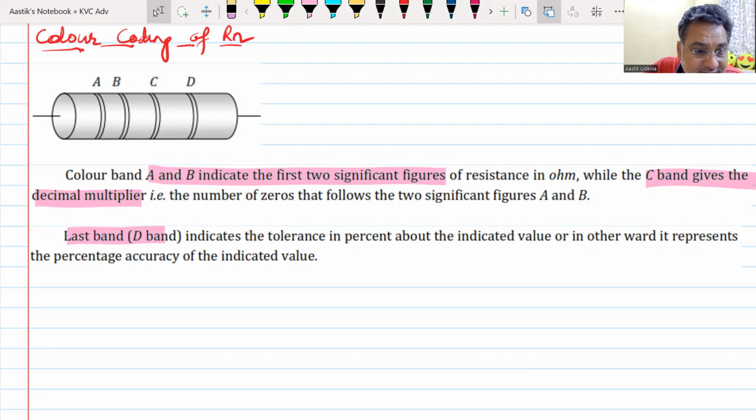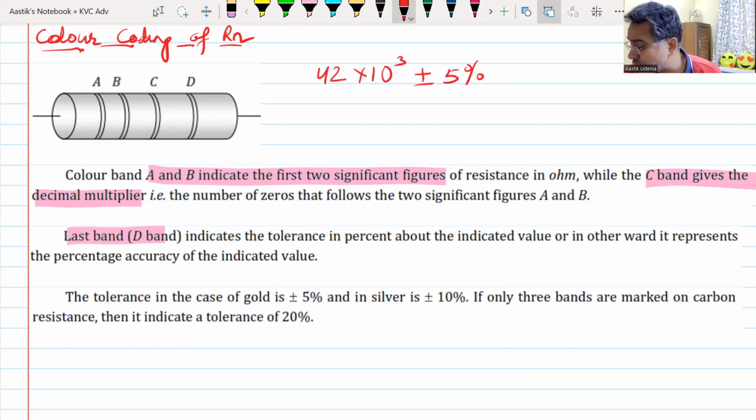Everybody understands this. For example, if the resistance of this resistor is written in this fashion: 42 into 10 raised to the power 3 plus or minus 5%. Then you must understand that this letter A will give you this value 4.